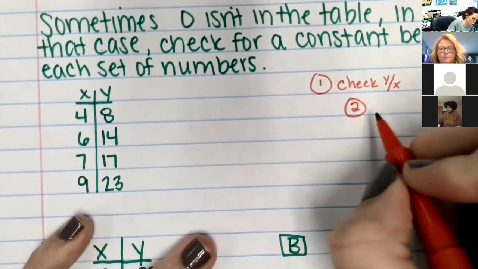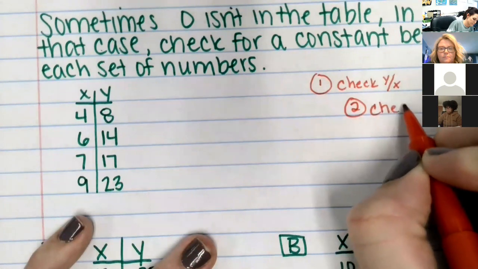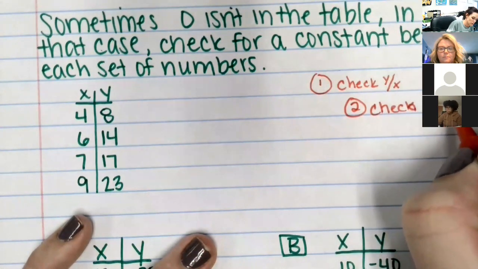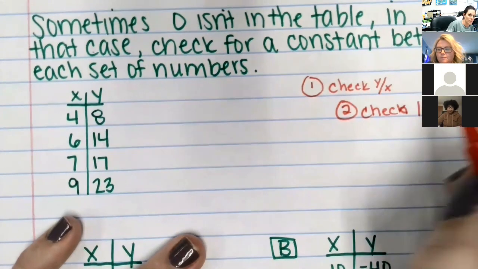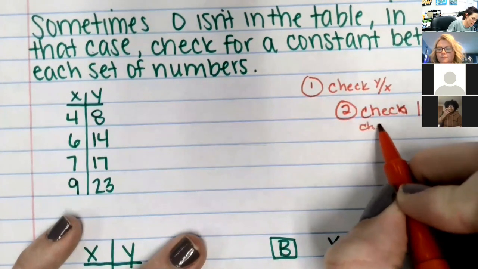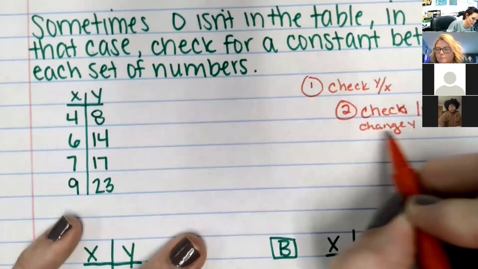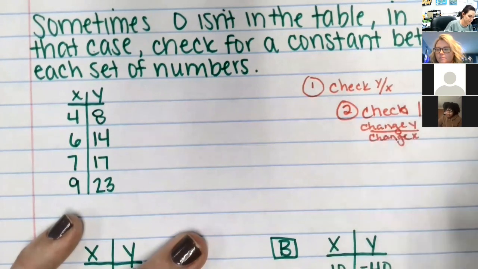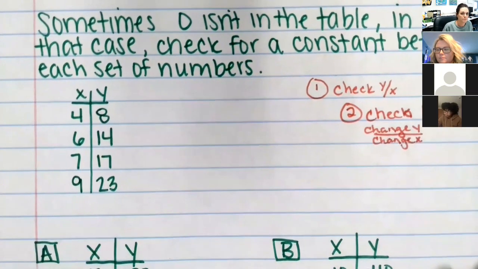And then we're going to check the loop-Ds. And this is the change in Y over the change in X. All right.